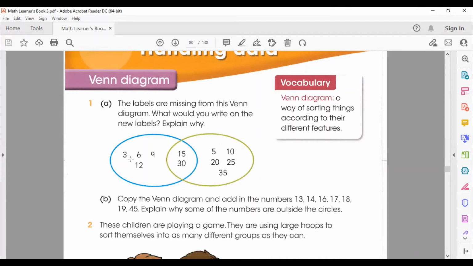So we can write the heading, this is the multiples of 3. And if you're talking about the right side, this is the multiples of 5. You can write it on the right side.